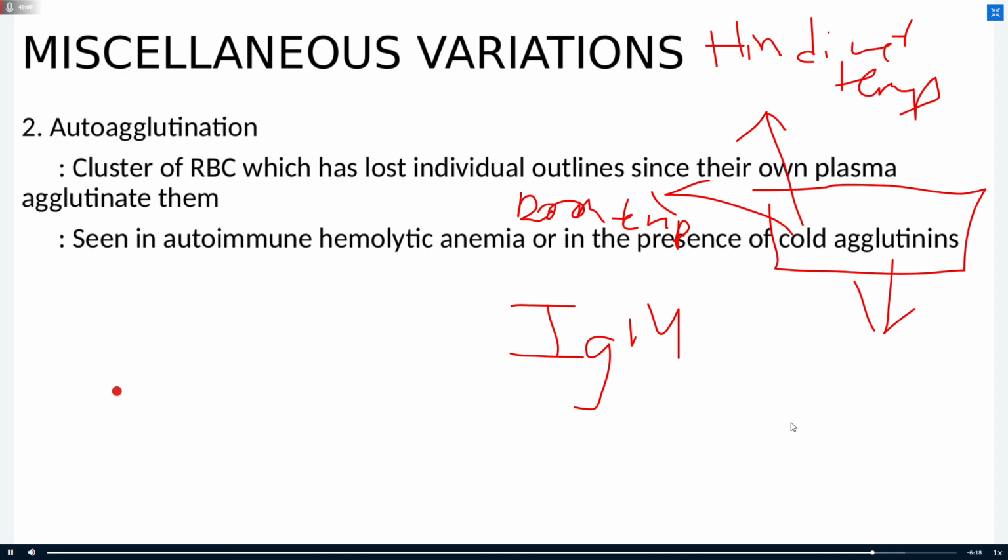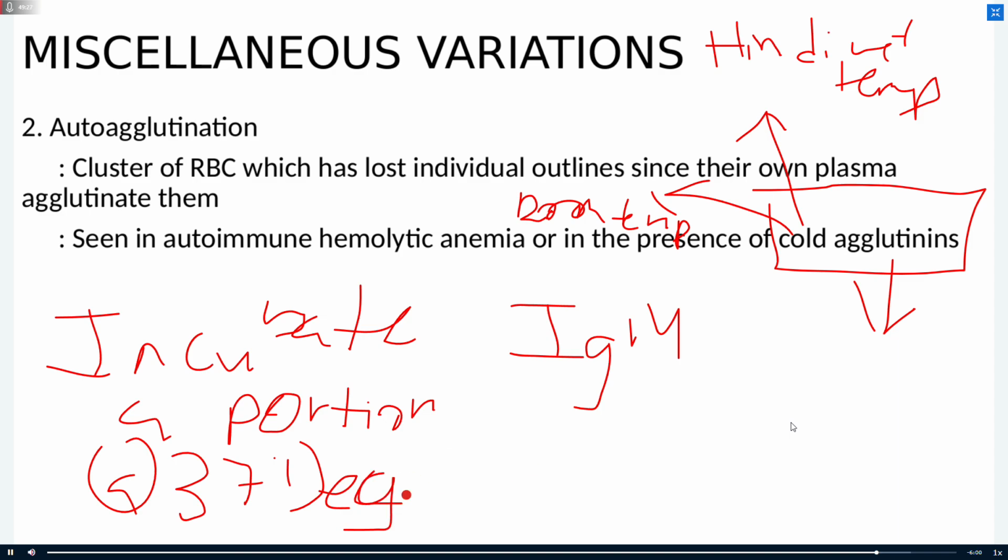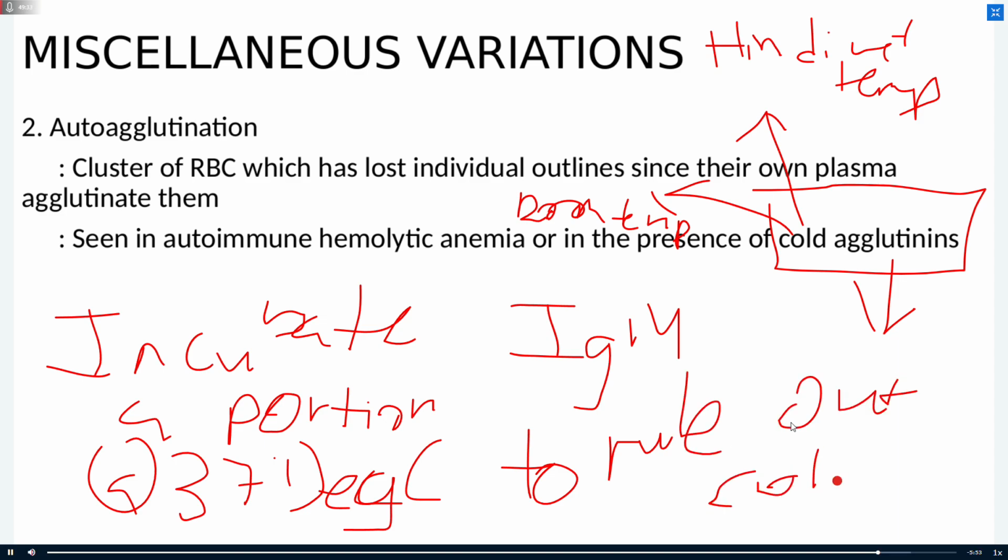May mga cases wherein you have to so-called incubate a portion of the sample at 37 degrees centigrade to rule out cold agglutinins. So in your blood bank, matututunan niyo. Okay?